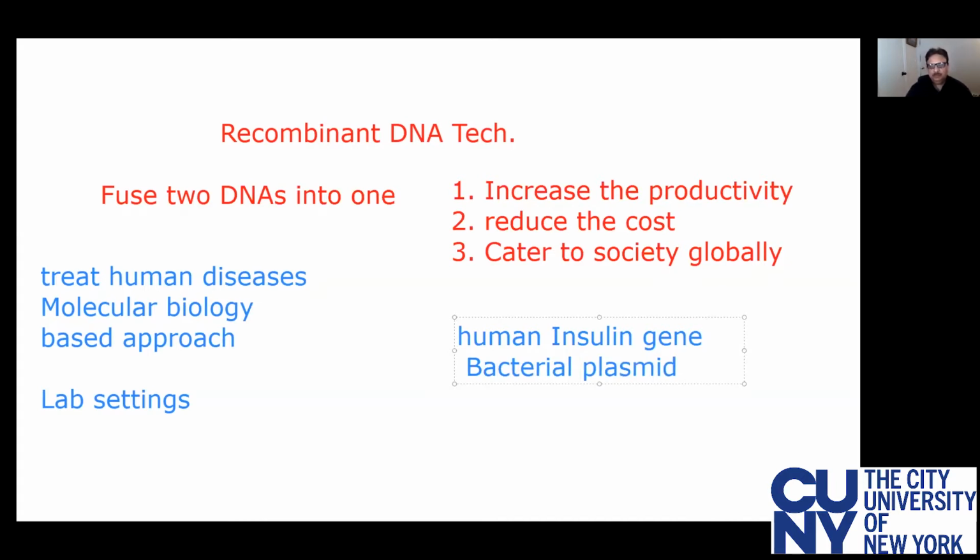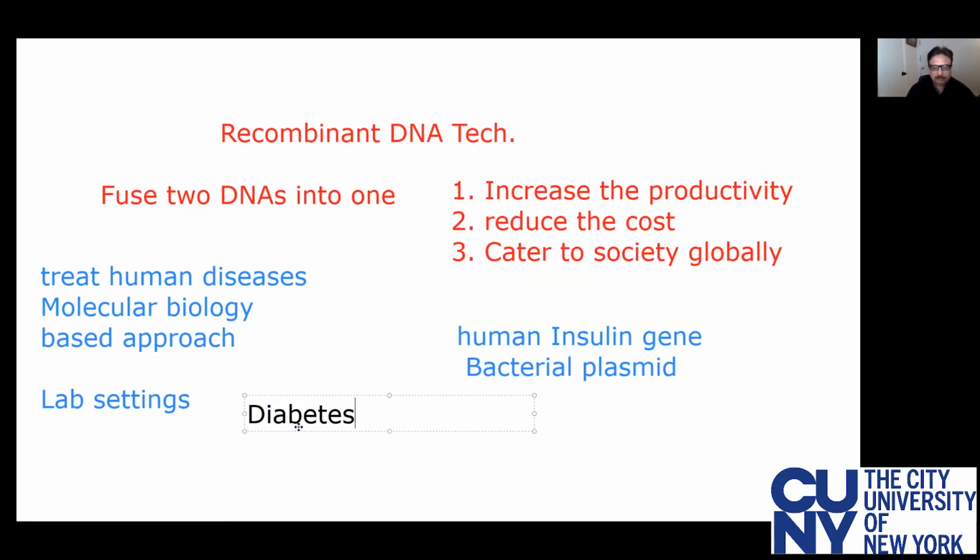Now, human insulin gene, why? Because we know that diabetes is highly prevalent now, and is starting from a very young age. Of course, it was a disease of elderly people, but now because of various reasons, diabetes is happening in young kids all over the world.